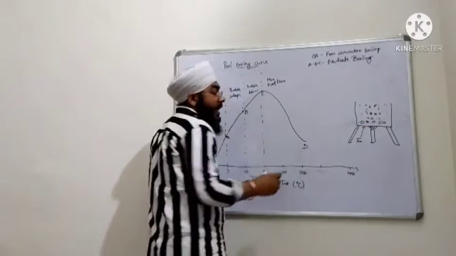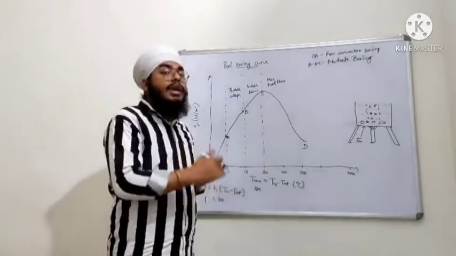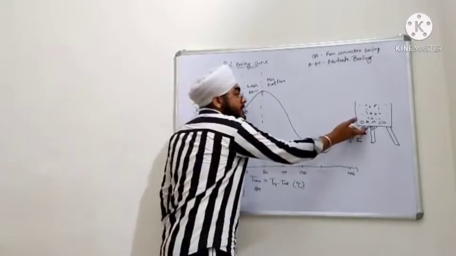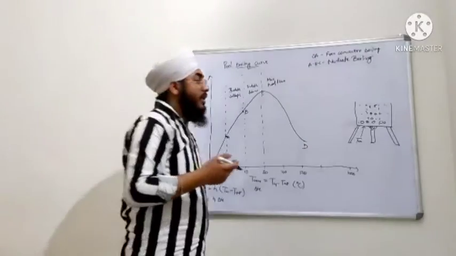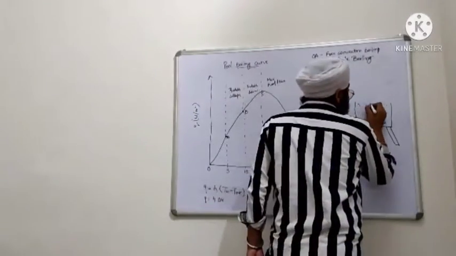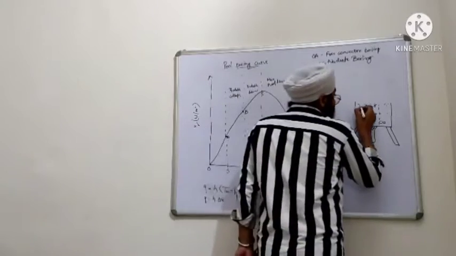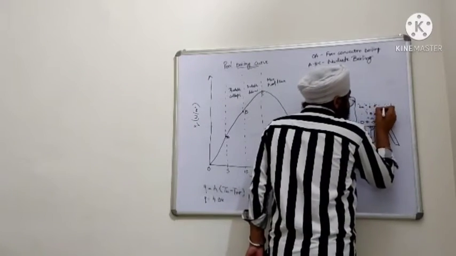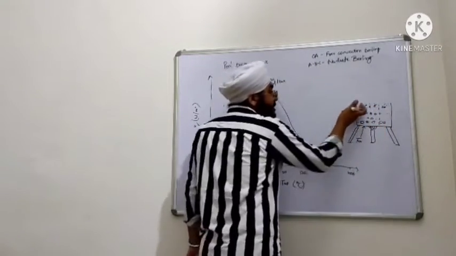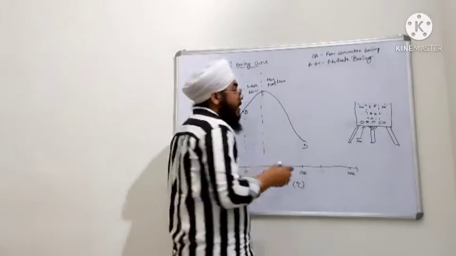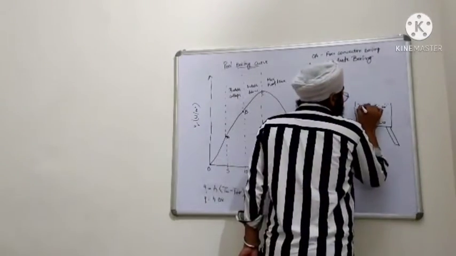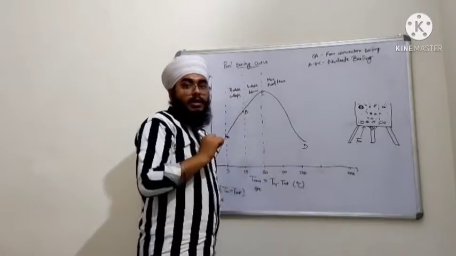Now from C to D, more and more heat is transferring from the surface to the liquid. So when these bubbles reach the outermost layer, these small bubbles, 2 or 3 bubbles, will merge together and form a bigger bubble.